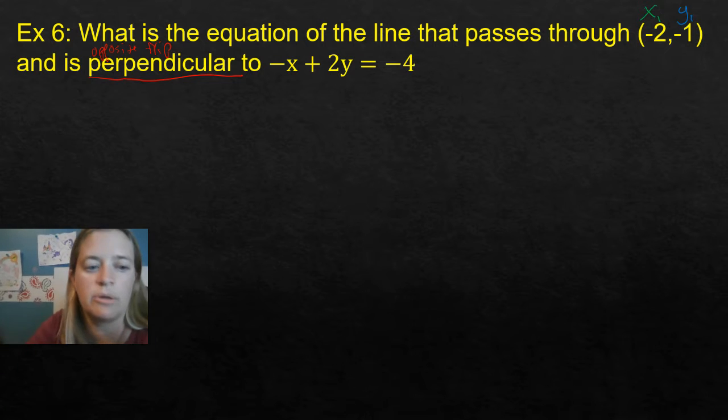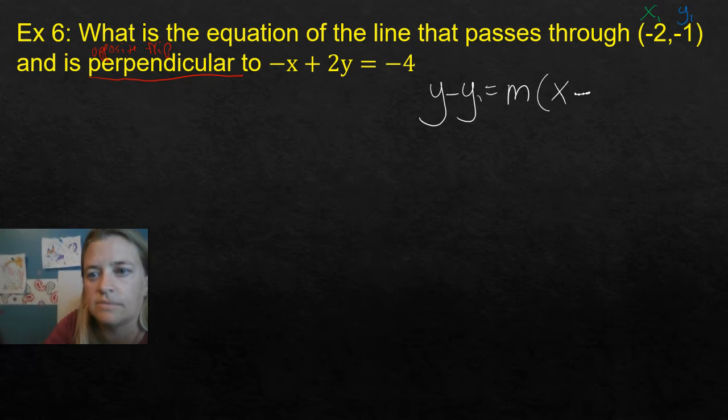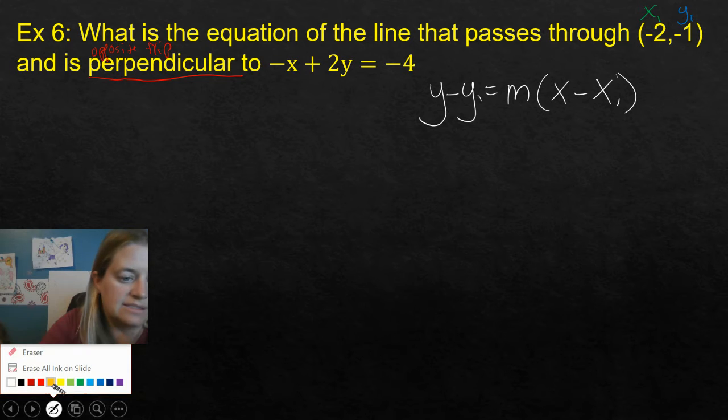So let me just refresh your memory what that equation is. It is y minus y1 equals m times x minus x1. And in order to use this equation, we need to know a slope and a point. So the y coordinate of a point, the x coordinate of the point.